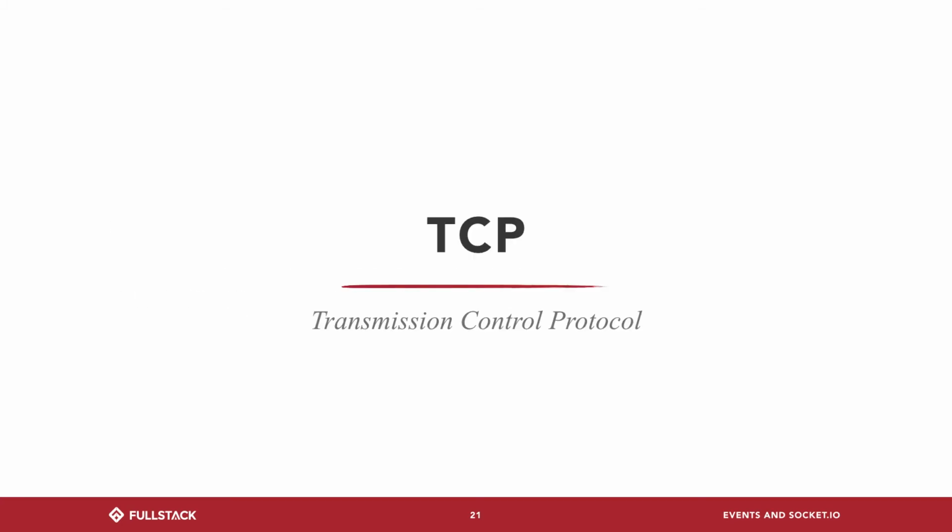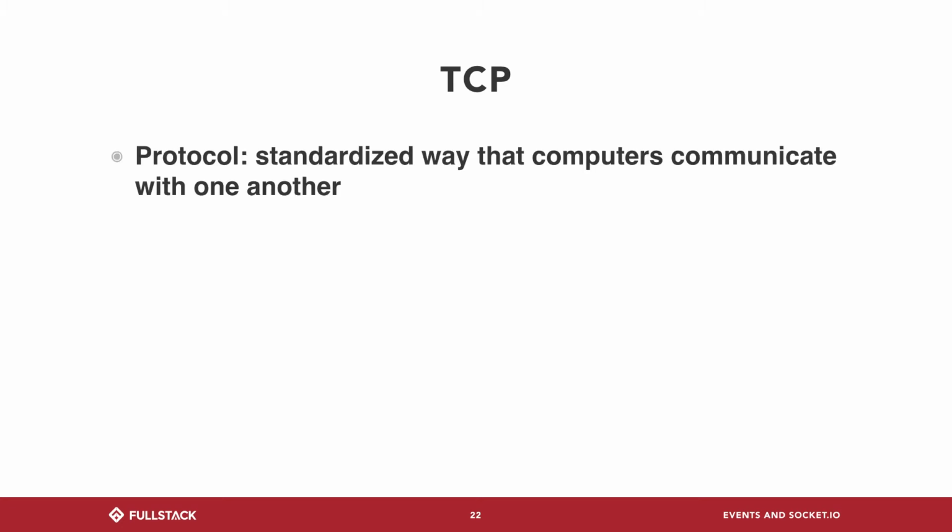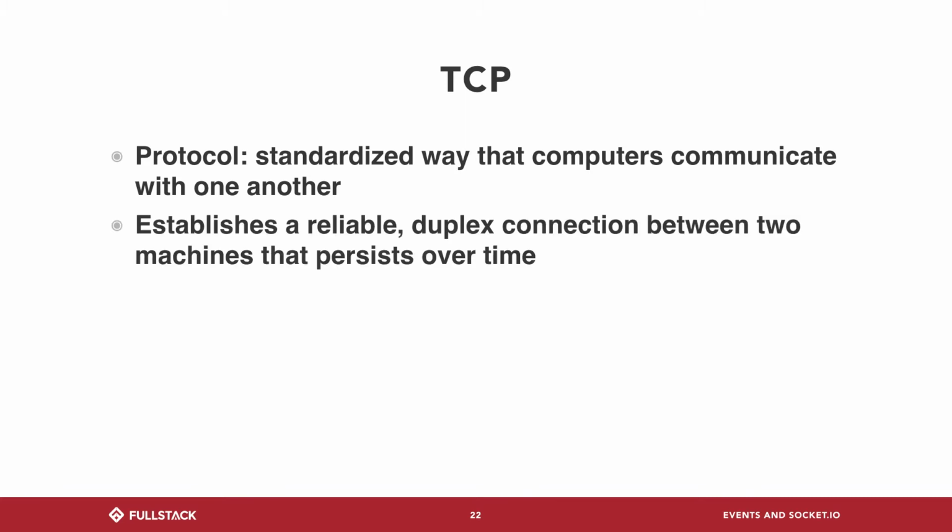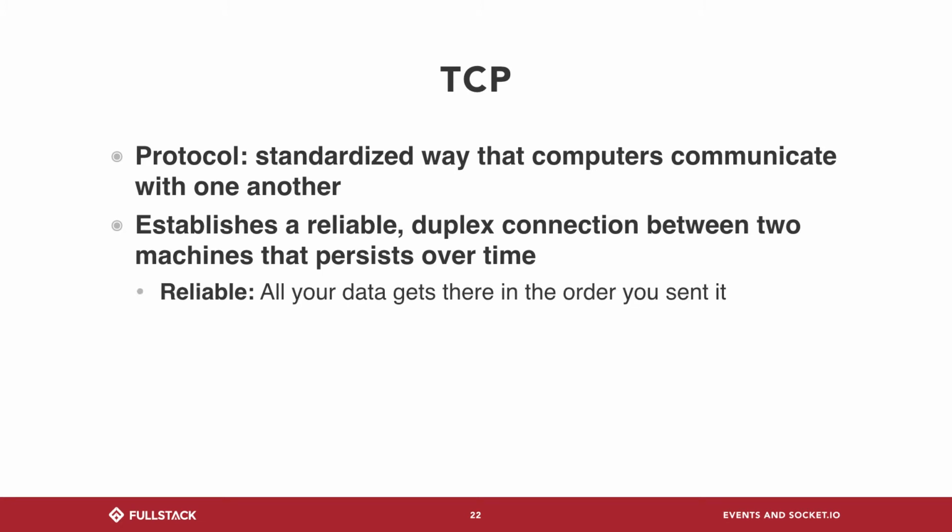Okay, so let's talk about TCP for a second. This is the protocol that was built on top of IP in order to standardize the way that computers communicate with each other when a reliable channel is needed. So TCP gives us, over the unreliable channel of the internet, a reliable duplex connection that persists over time.